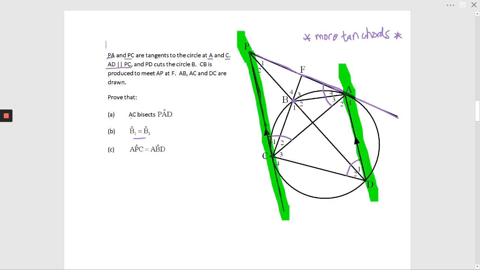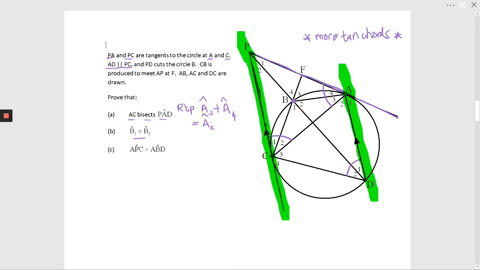At this point, I'm glancing down because I've got so many things with parallel lines and I can see angles everywhere. So I'm looking at the question and thinking, okay, AC bisects angle PAD. I'm required to prove that angle A3 plus angle A4 equals angle A2.